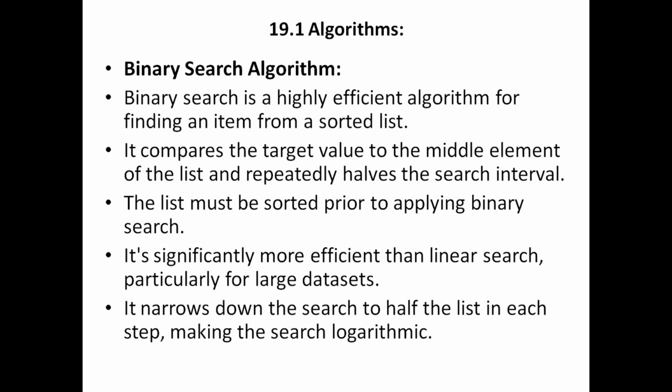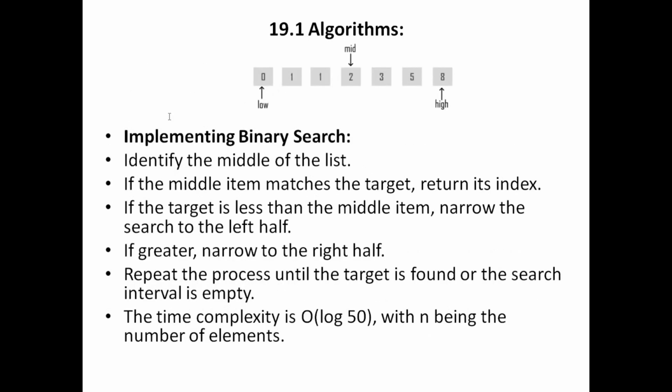This cannot work on an unsorted list. It's significantly more efficient than linear search as it can find its required target in fewer steps or fewer comparisons. So if you have this array, then it would find the middle point, and then it would compare the middle point with your required term. Let's suppose you're looking for a 1, then it would halve it again, and this time 1 is equal to 1, it will stop.